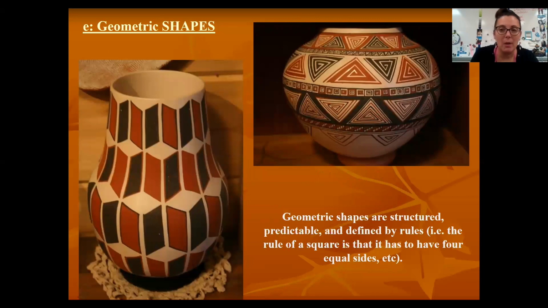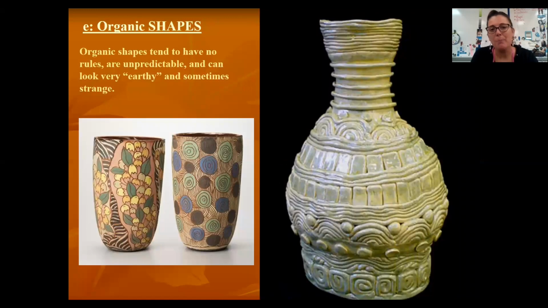Shape. So you have a couple different categories of shape. Geometric shapes are one that a lot of people are drawn to. People are drawn to order, but with ceramics, ceramic is very organic by nature, right? It's basically, a lot of people think of it like it's dirt. So making things that are geometric can be extremely challenging. Art pieces are going to probably be a lot more organic.